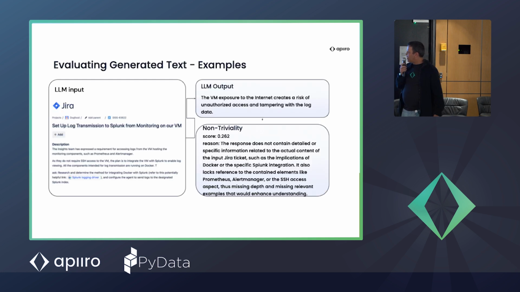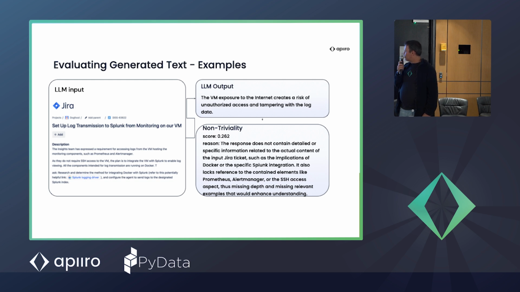So here the input for this LLM was "set up log transition to Spark for monitoring on our VM," and the task was to say why it's risky.